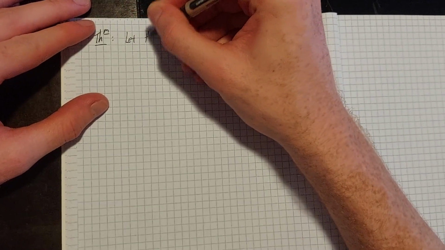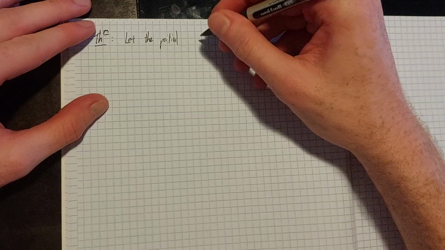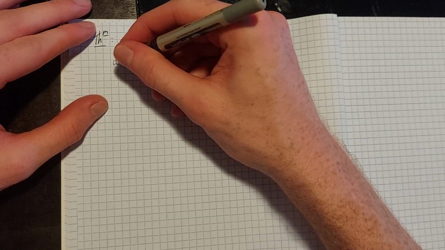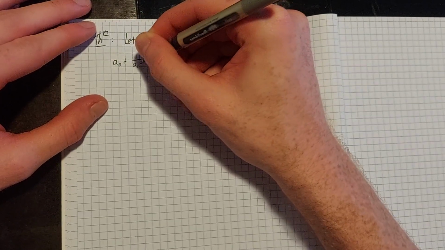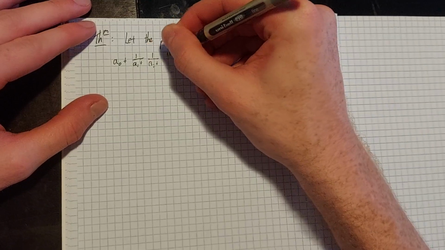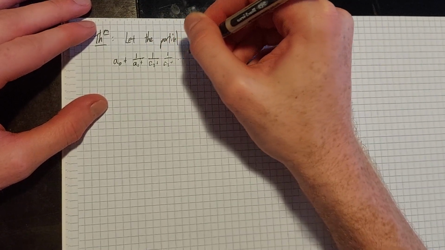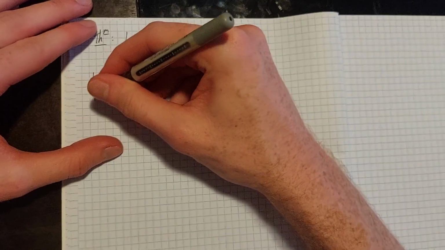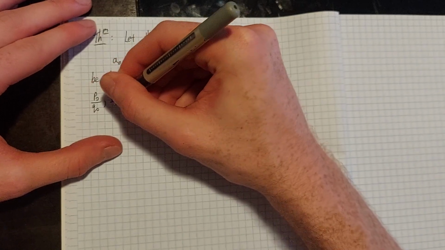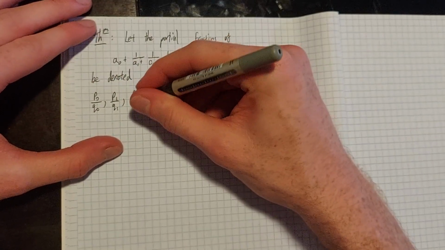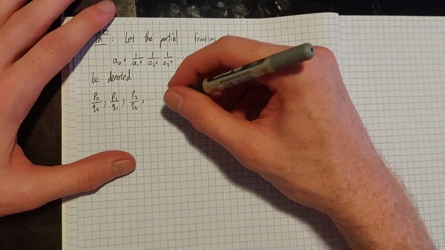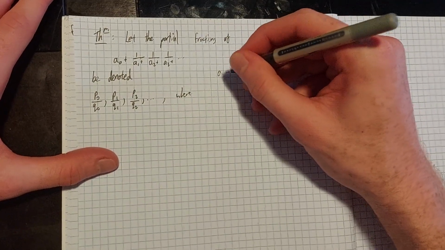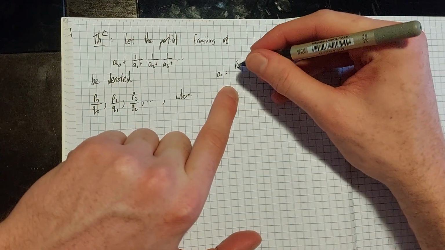Let the partial fractions of a0 plus 1 over a1 plus 1 over a2 plus 1 over a3 and so on be denoted p0 over q0, p1 over q1, p2 over q2 and so on, where we have, for example, a0 is equal to p0 over q0.